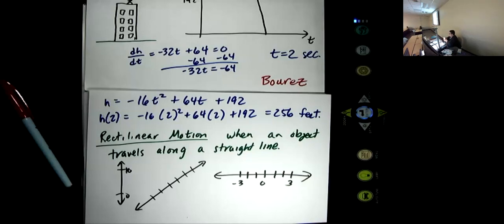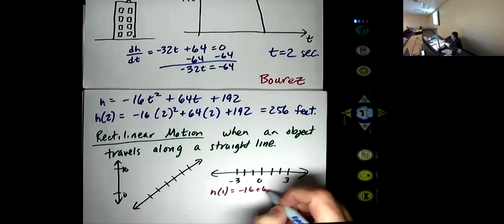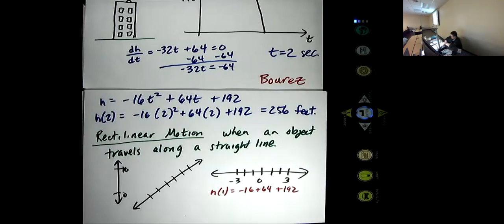Pause, make sure you catch up on the writing. Let's wonder where that ball is at t equals 1 second. 48 plus 192 is 240.